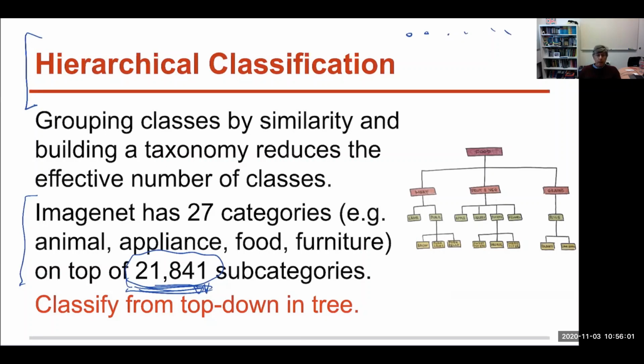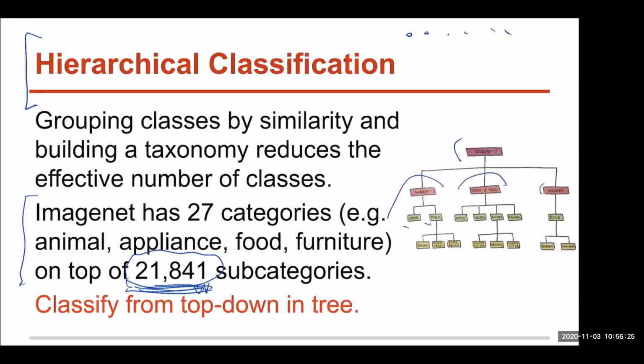Much better is if you could group the classes into similar kinds of classes. Here I have a classification on food. It's probably hard to tell a piece of beef from a piece of pork, but it's probably easier to tell what a piece of meat is. Fruits and vegetables are another group, greens.